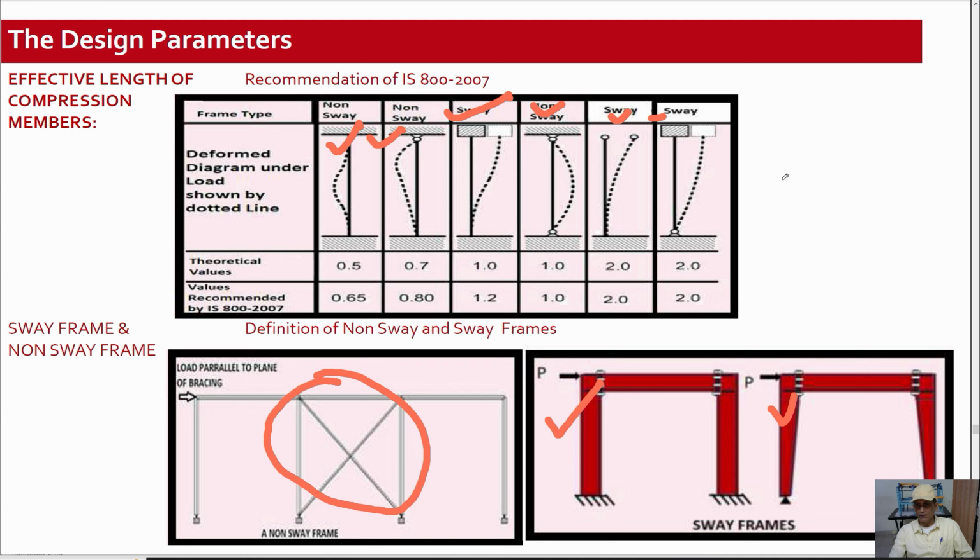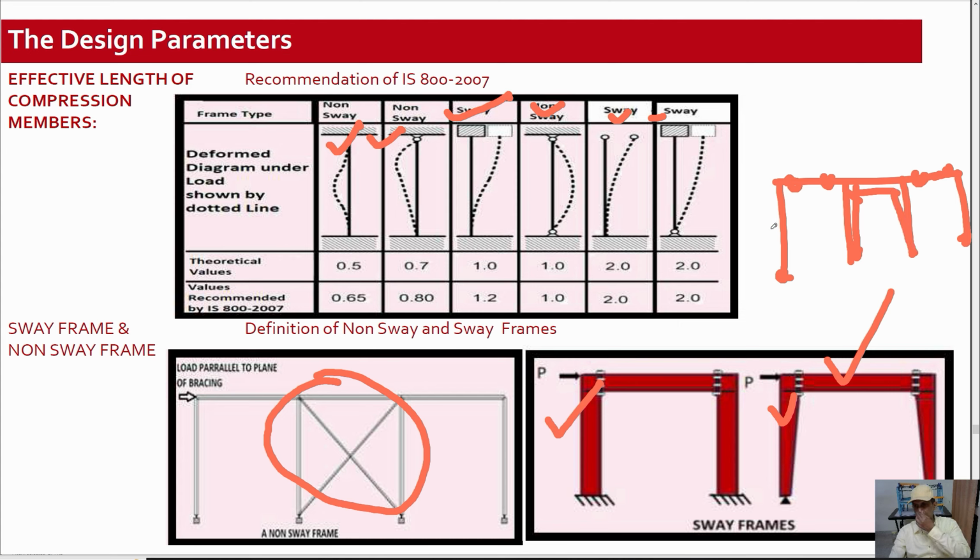Now note that when a portal brace like this is added to a frame, suppose this is released, this is released, and so on, and this is a portal brace.